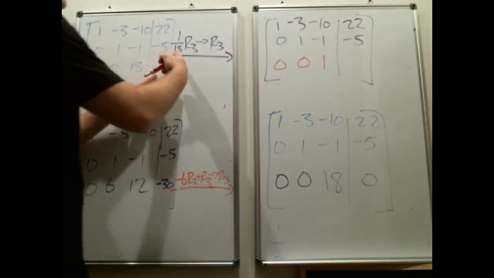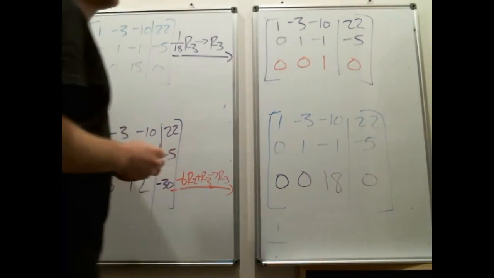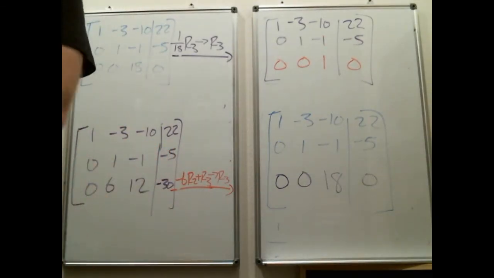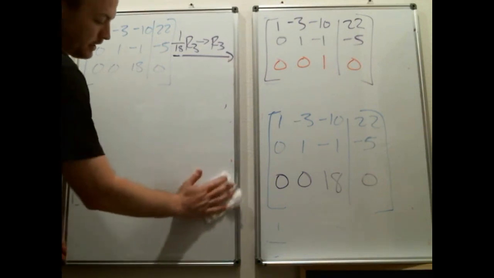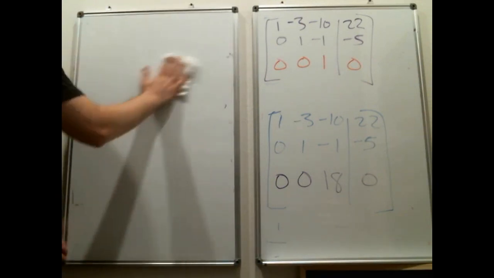And then 1/18 times 0 is 0. And now we're here in Gaussian elimination. And I encourage you to pause and try to work it.